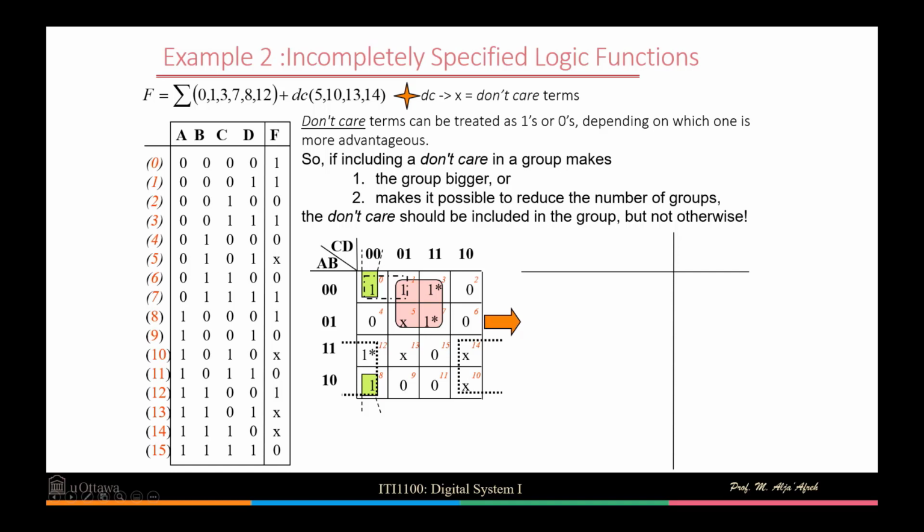Now let's suppose I have this example, this function f, and this function is written as the canonical sum of products plus, please pay attention, this DC here indicates the don't care, and can be notated by X. So whenever you are writing the truth table, we put 1 at 0, 0, 0, and at 0, 0, 1 we put 1.